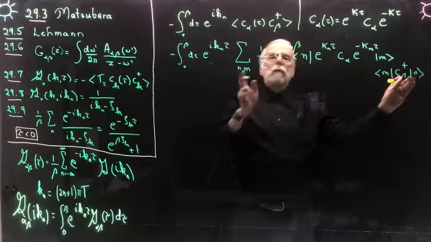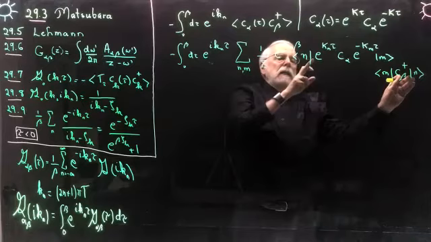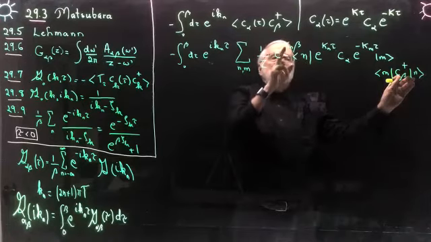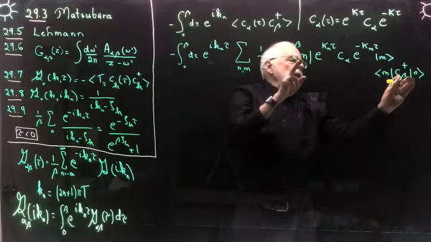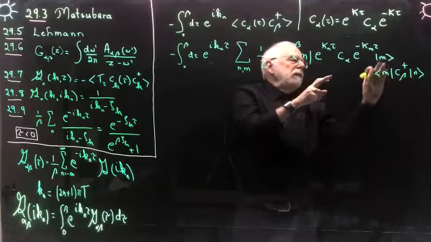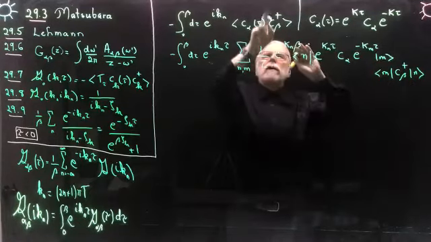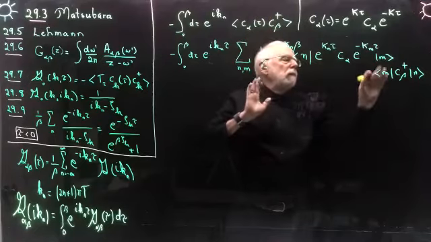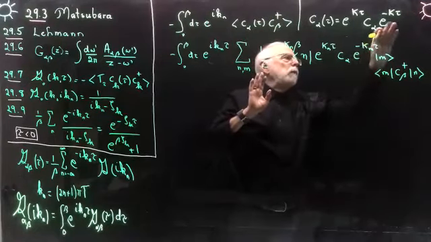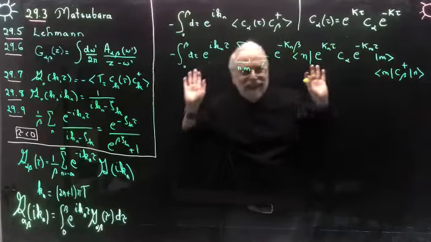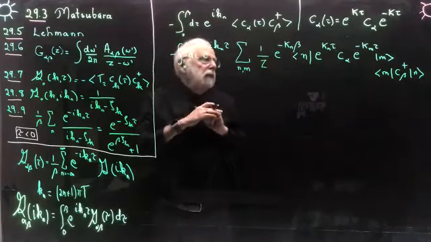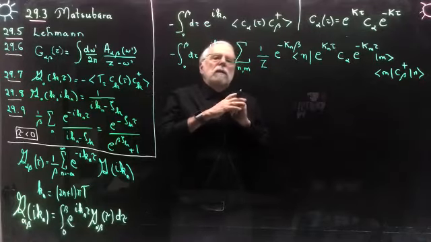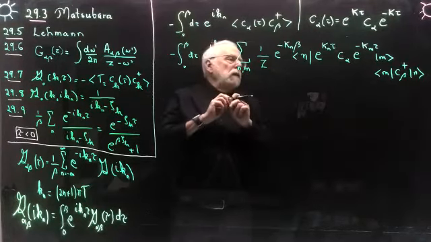So the trace is the sum over n, and the density matrix is e to the minus K beta. So that's e to the minus K_n beta. And I put a complete set of states here in between, sum over m. And then these operators act on this and on that. Okay? Is that okay? Yes? Okay. So all we have to do is this integral.